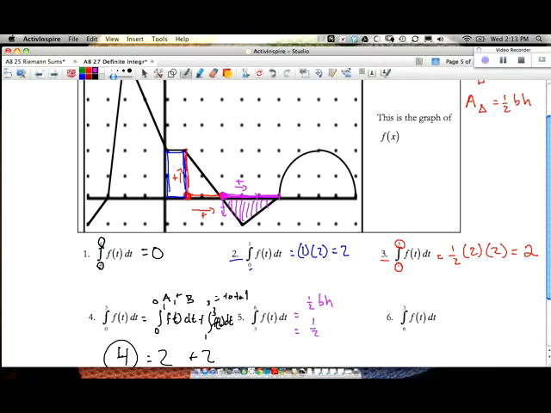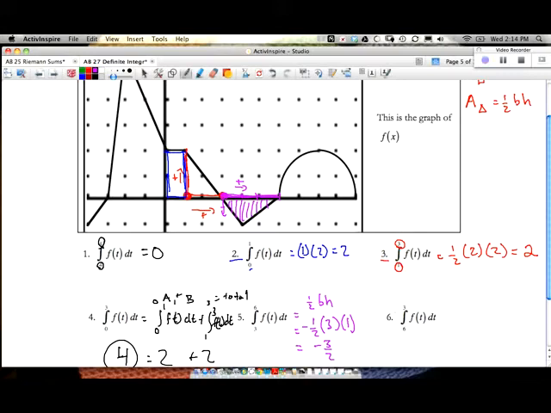It's a triangle, so it's going to be 1/2, and the base is 3. The height is 1. But this also has to be negative because we're moving positive in the right direction, but negative in the lower direction, below the x-axis. So this is going to equal -3/2.